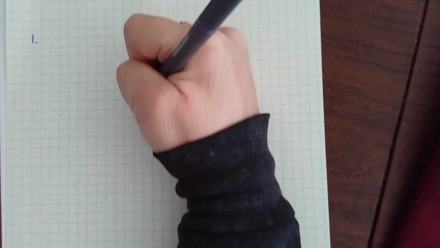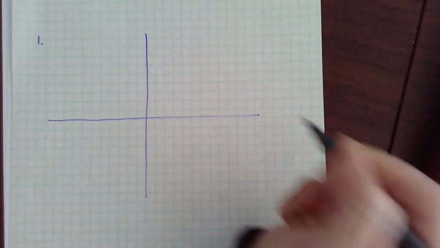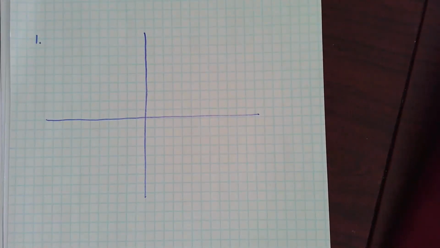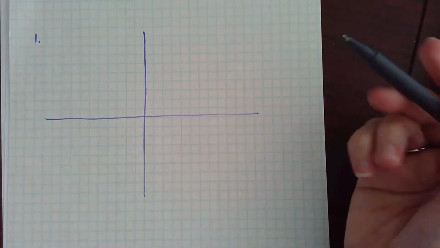I am going to graph this on a regular, normal size grid paper, because this gets a little cramped on that piece of paper there. If you want to go grab a piece of graph paper, I would encourage you to do so. The first thing I'm going to do is plot all 4 of those points.